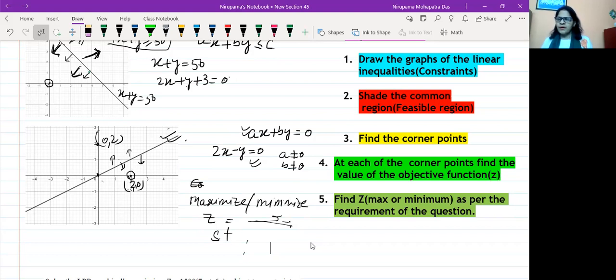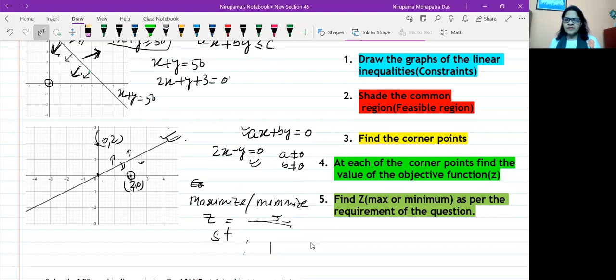Third step is find the corner points. As I said, unbounded region is deleted this year, so you don't have to be confused. You are going to get a bounded region, which means you are going to get corner points. And fourth step is at each of the corner points, find the value of the objective function.